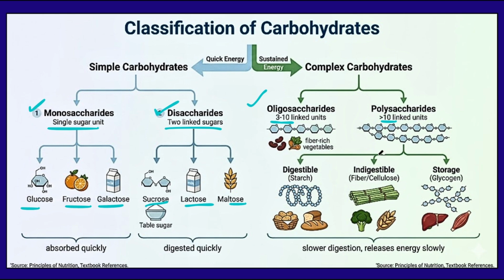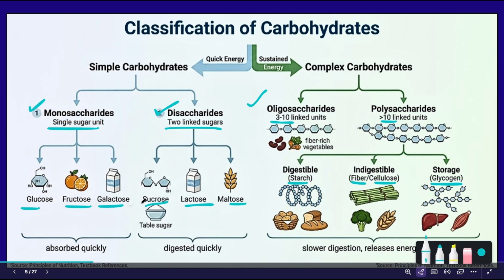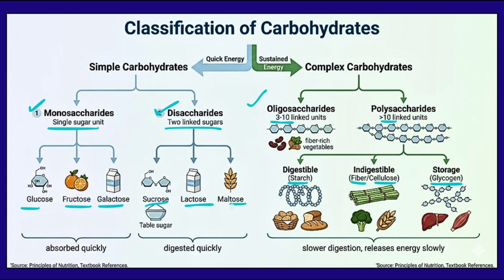The polysaccharide examples are digestible starch, indigestible fiber cellulose, and it is also stored in the form of glycogen. You can see the picture and find the food items containing different types of carbohydrates. Simple carbohydrates are quickly absorbed and quickly digested, but complex carbohydrates are not easily digested in our body.